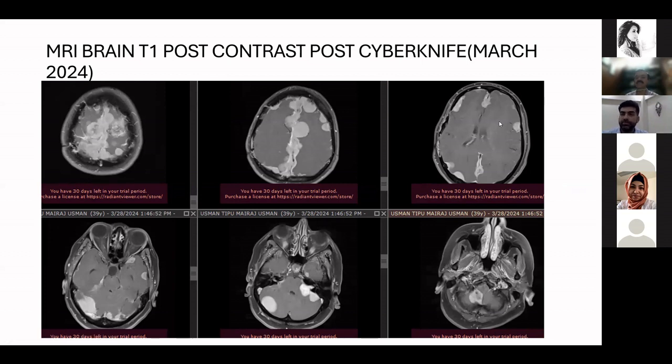So these are very complex types of tumors and cases. I don't think we can do much surgically or with radiation therapy for such patients. Right, true. Thank you.